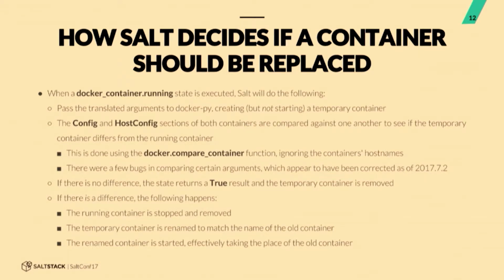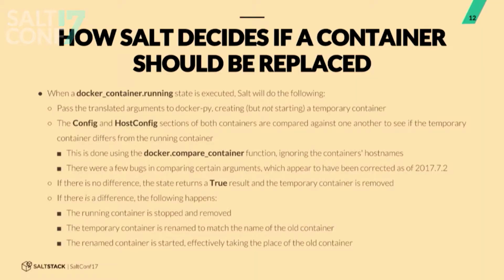So the comparison logic in 2017.7 is pretty radically different from in previous versions. In previous versions, like I said, we would have to have some logic to compare the input that was passed to the value in the currently running container, and that, like I said, forced us to continually play catch up.